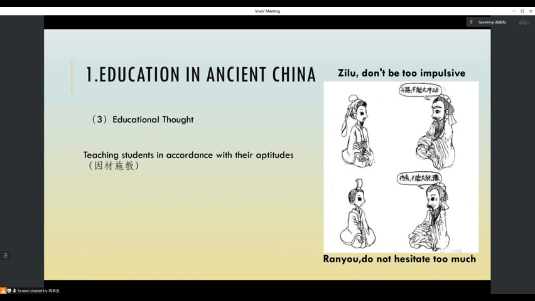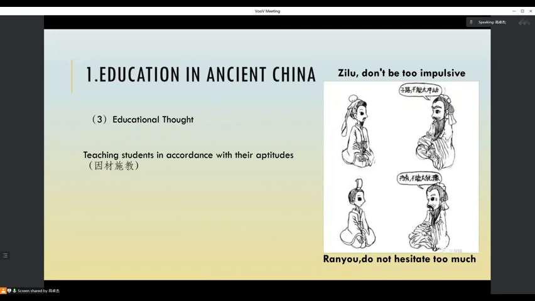Different people have different features. Okay, let's go. 因材施教.